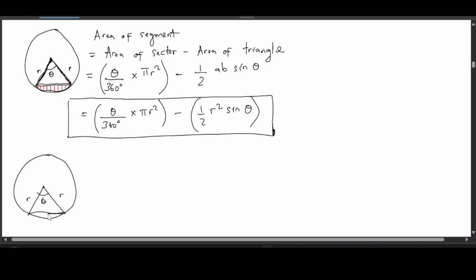Then they ask us to find the length of the chord. So what is the chord? The length of the chord will be equal to... To find the length of this chord, you can use the cosine rule. So you have to understand and remember the cosine rule. Let us just put it aside for remembrance.